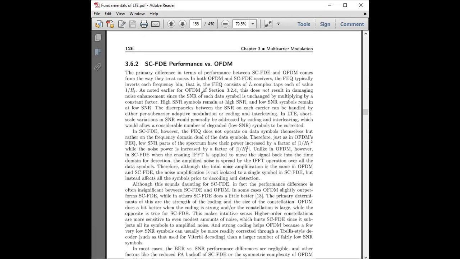Well, one thing the author wants to point out here is that in SC-FDE, the frequency domain equalization does not operate on the data symbols themselves, but rather on the frequency domain dual of the data symbols.